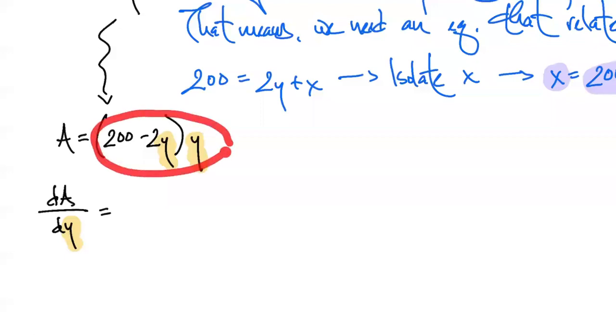how would we take the derivative of this right-hand side? Tell me your ideas, but tell me what you also think is the most efficient. We could use product rule, right? I see 200 minus 2Y times Y, product rule, 100% valid. What else might I be able to do?